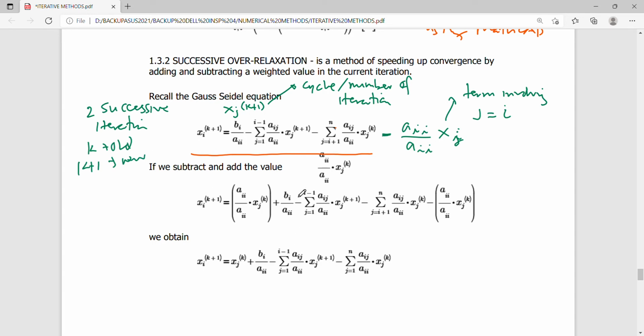Okay, so if I do this addition and subtraction of xj here, I actually did not change the entire equation, except for the fact that the value of my iterate might not be the same, and so the relaxation procedure is now effective, no?